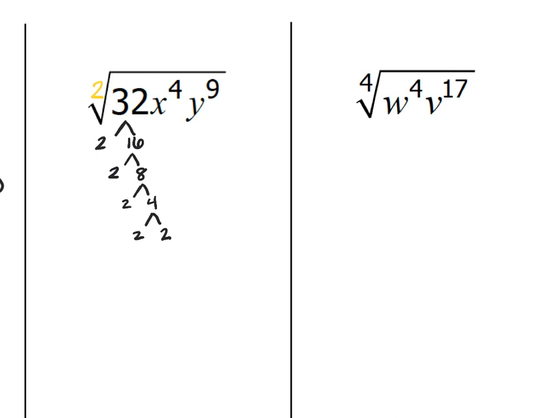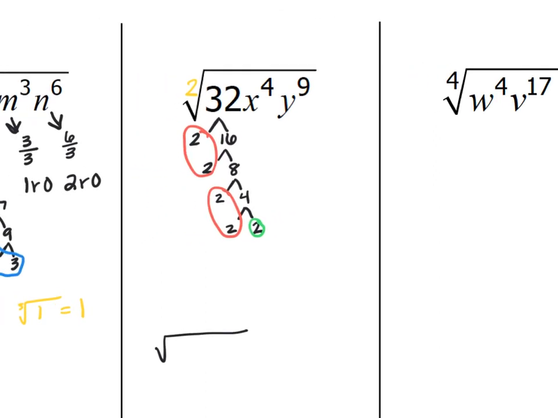And I'm going to pull those out in groups of 2. So 2, 2, and 1 left over for the inside. So in my final answer, I'm going to have a 2 on the outside, a 2 on the outside, and a 2 on the inside.